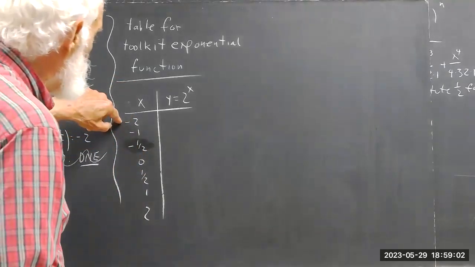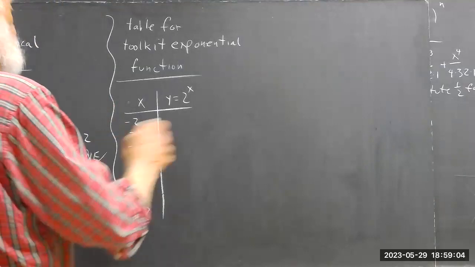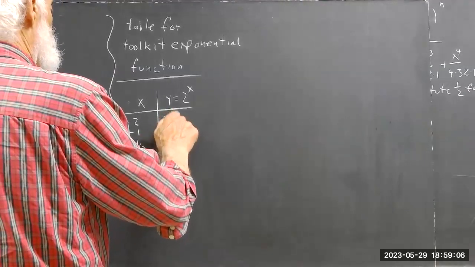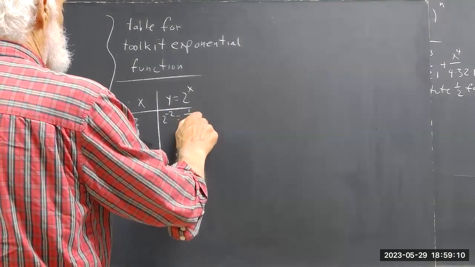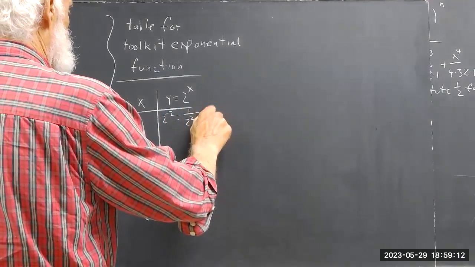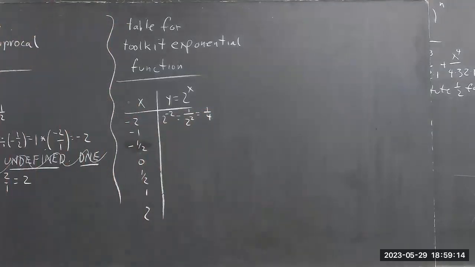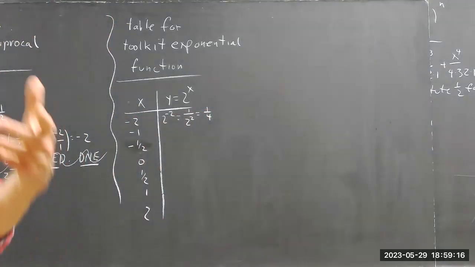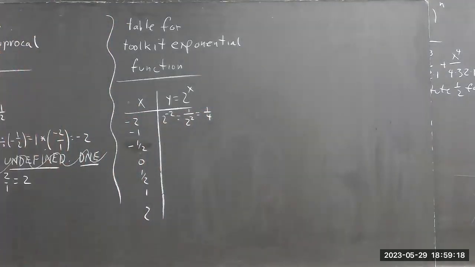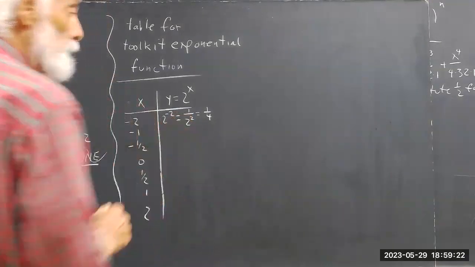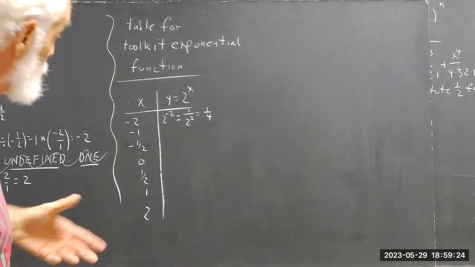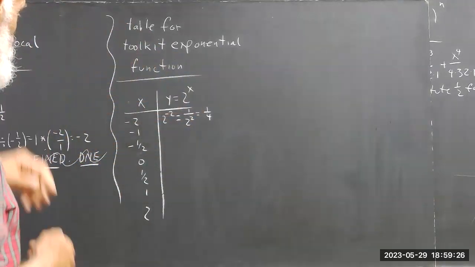Okay, if x is -2, you just write y equals 2 to the -2 by your rule for negative exponents. That's 1 over 2 squared. That's 1/4. If you understand that rule for exponents, and you should understand both what the rule is and why it makes sense, because that was all explained, then you won't make a mistake on this.